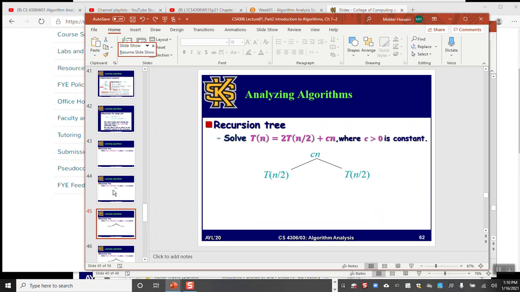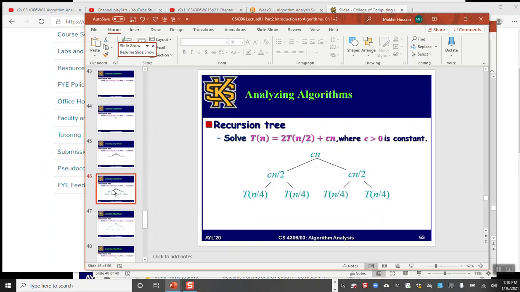As we see, the original number is split in half every time, and at the end we will get a single element, all the way down as a leaf. So that is the constant.